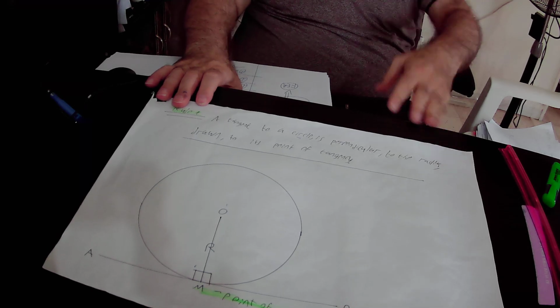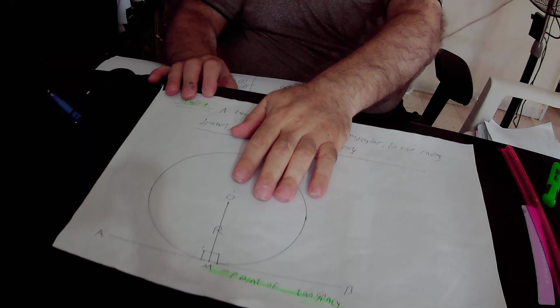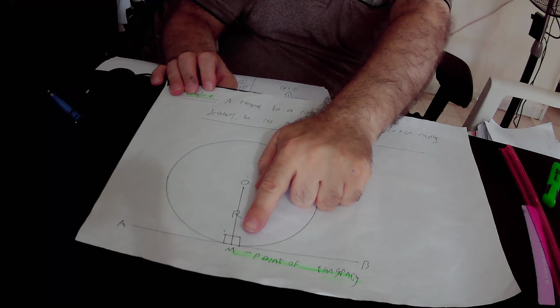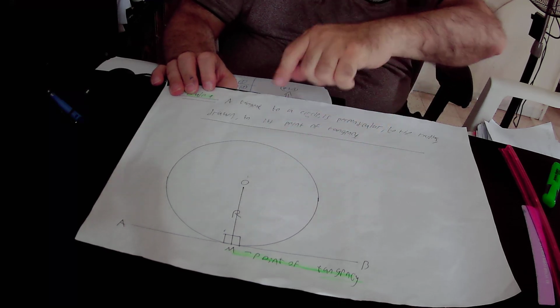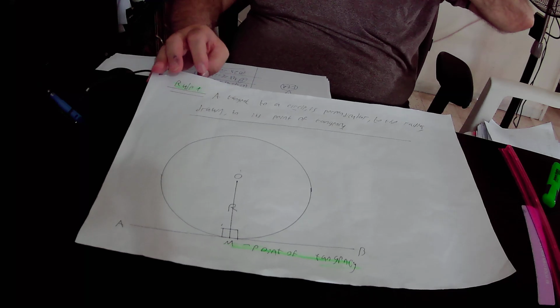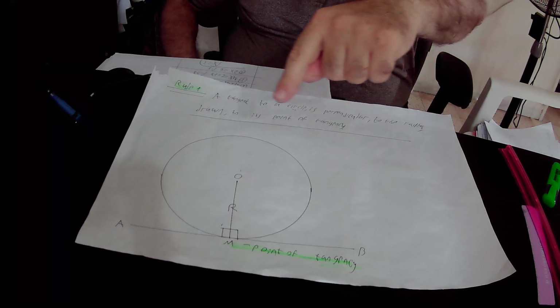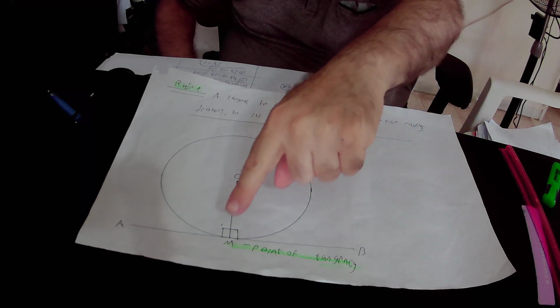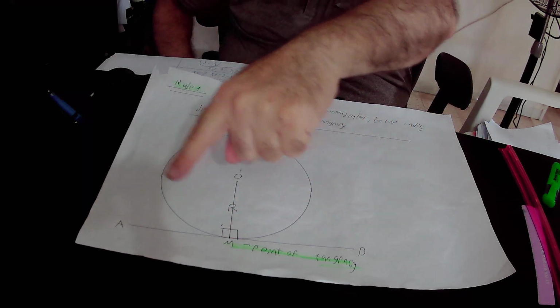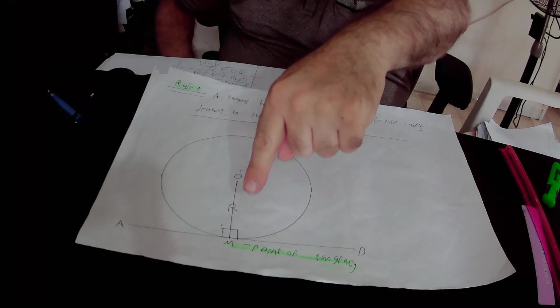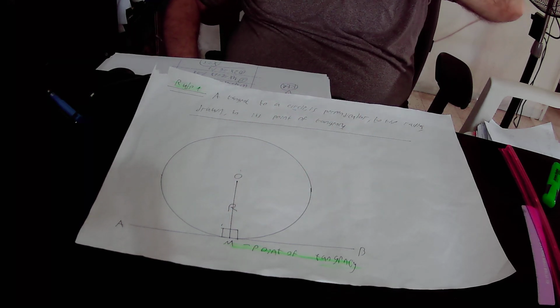Here we have tangent AB, tangent to this circle at point M. Point M is the point of tangency. We have the radius drawn to the point of tangency. And whenever you have a radius drawn to the point of tangency, then tangent AB will be perpendicular to the radius MO. So if AB is perpendicular to MO, it means that this angle equals 90 degrees and this angle equals 90 degrees.